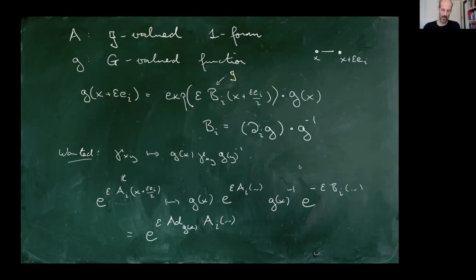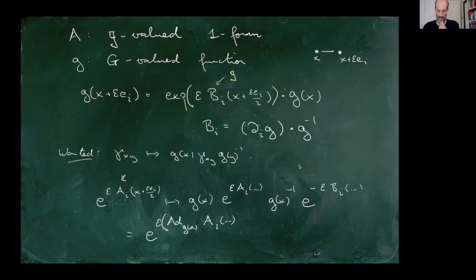And then by Baker-Campbell-Hausdorff, the exponential of a times exponential b is exponential of a plus b times additional terms, but the additional terms are higher order, right?